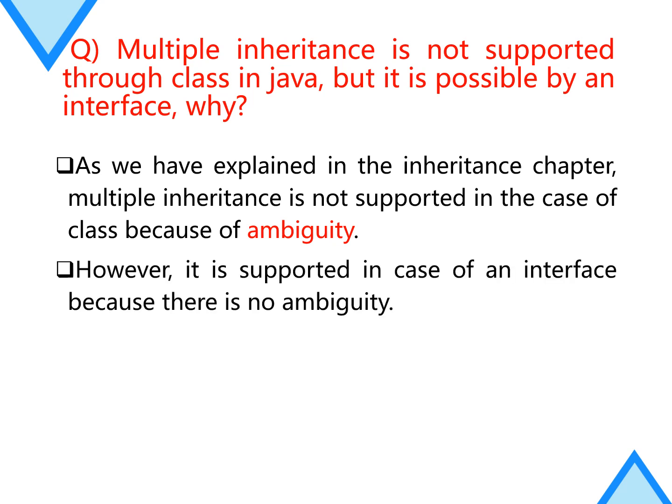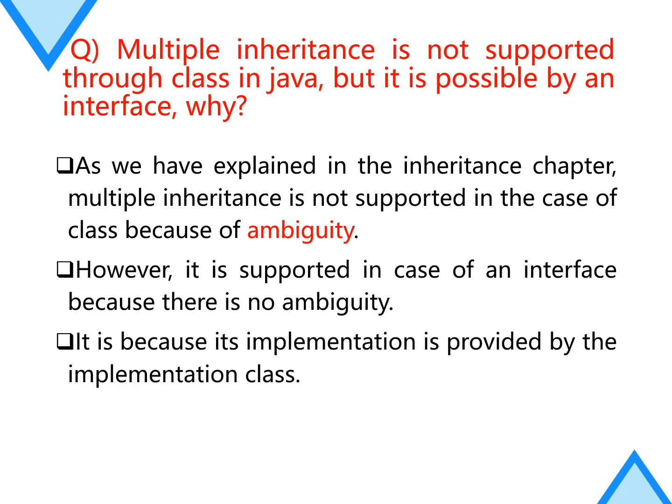But through interfaces we can achieve multiple inheritance, because there will be no ambiguity. The reason is that the implementation of the interface is provided by the class, not by the interface itself.